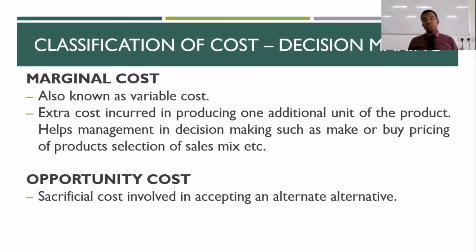Marginal cost refers to the cost incurred by a firm to produce one additional unit of a product. Then you have opportunity cost. Opportunity cost refers to the sacrificial cost involved in accepting an alternate.